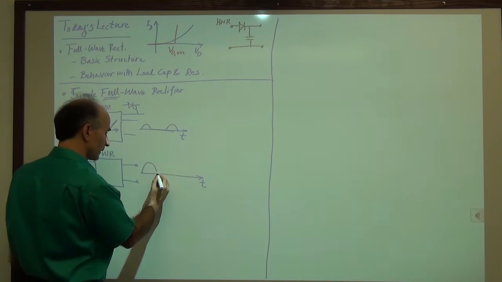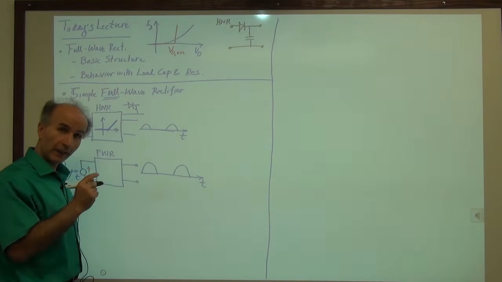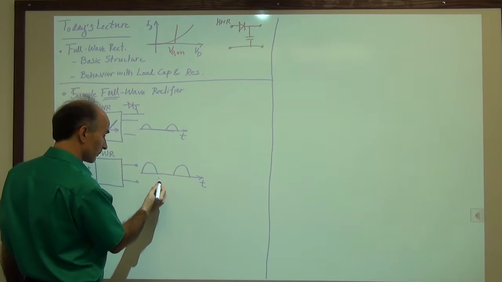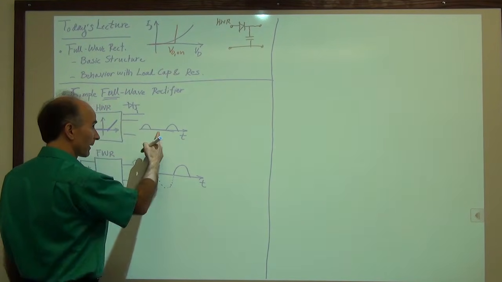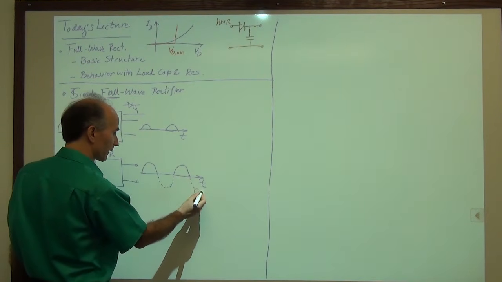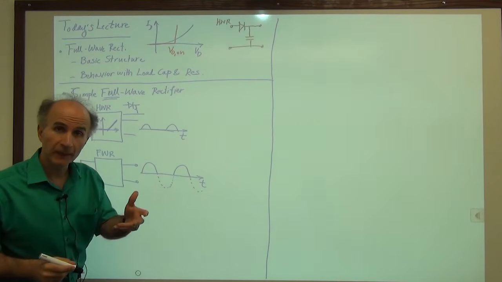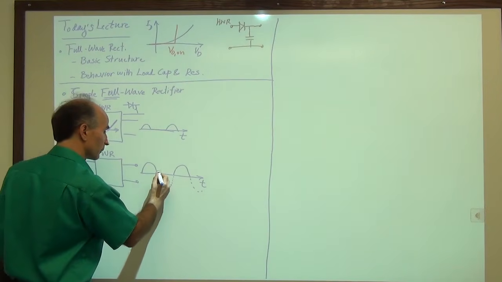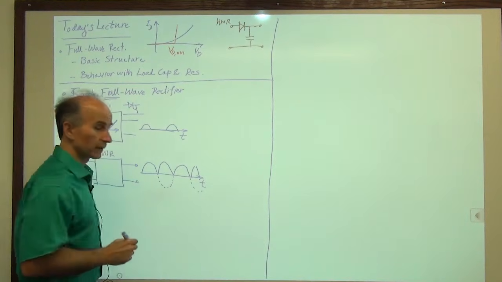Positive cycles go to the output, like before, but negative cycles, which were blocked before, which didn't come out in the half-wave rectifier, will now be flipped and are allowed to come out. So the negative cycles will be flipped and become positive cycles, and they come out.